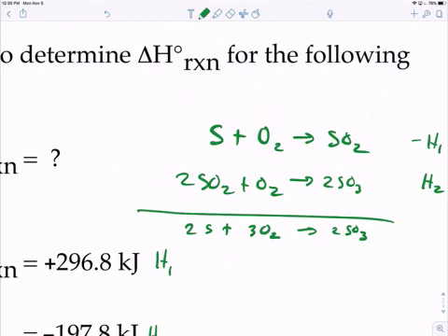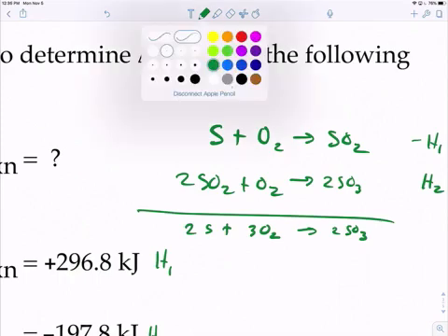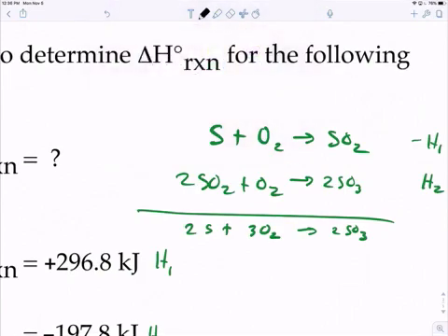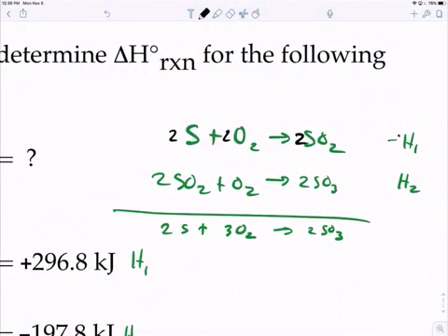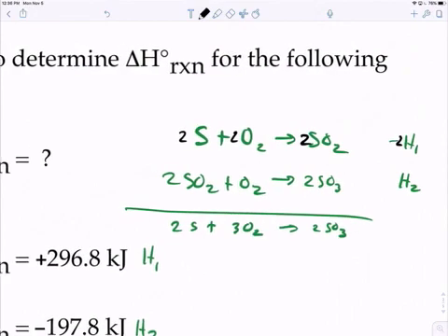Right away I see we have two SO2s over here, so I think we're going to have to multiply this one by 2. That's my initial gut feeling. And then if I want 2 S, I would have to multiply this by 2, and then add it up, that would make 3. And then we get rid of the SO2s. So I'm going to go ahead and multiply this whole thing by 2, like so.